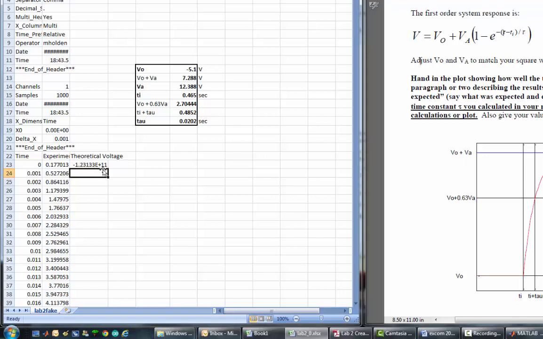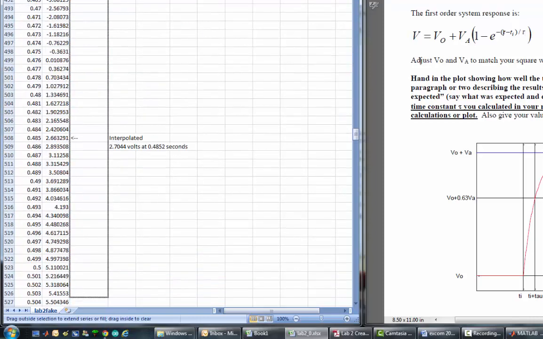Notice that this goes to times 10 to the 11th. Before ti here, the theoretical curve goes way down to negative infinity. So this isn't wrong. We'll see what it looks like when I make the plot in a second.